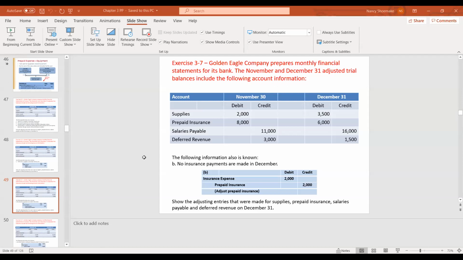We have an insurance expense of 2,000 and we credit, sorry, prepaid insurance. Didn't we need to credit 2,000 to get us at $6,000 here? Right?